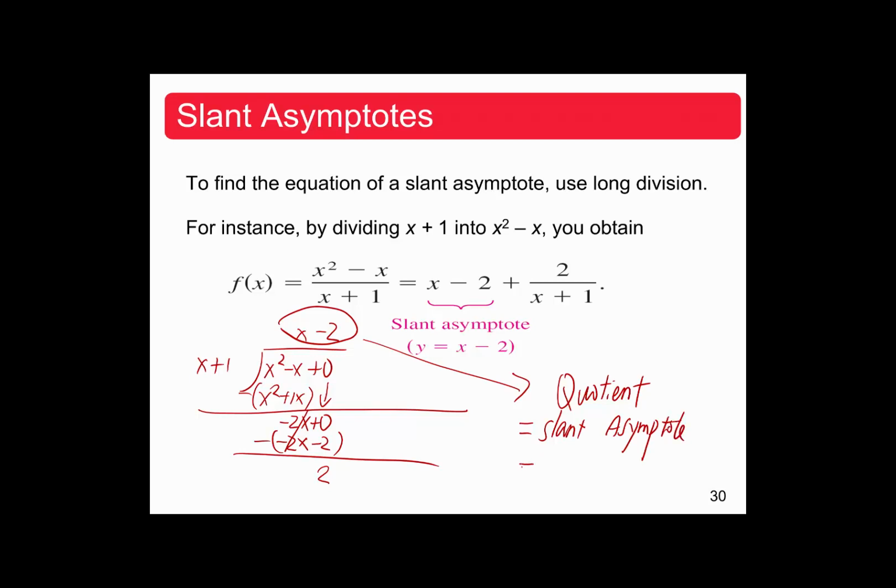So here the slant asymptote is y equals x minus 2, just like how you divide polynomials by polynomials. You can also use synthetic division here, but long division is usually more convenient. Sometimes synthetic division fails when the denominator is not a linear term, so long division is universal, it always works.